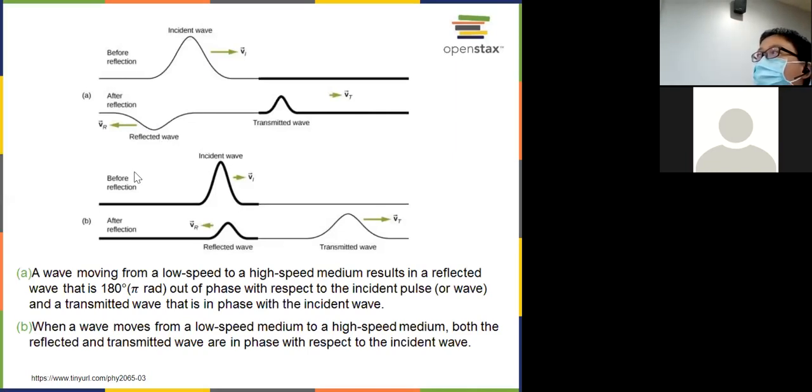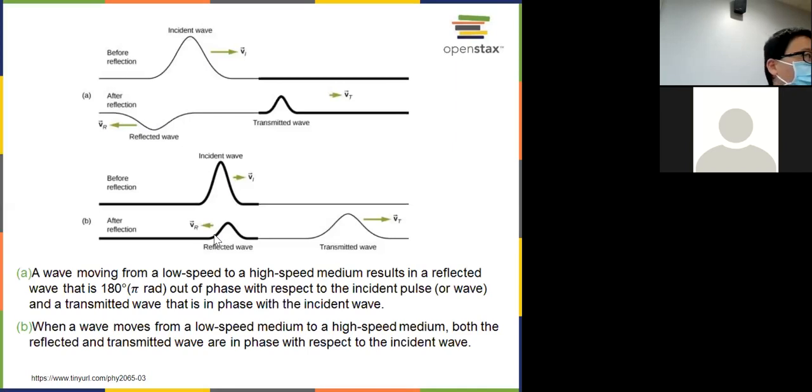If you send in the wave the other way around, so you send in the wave from the thicker part over here, again one part will be transmission, called the transmitted wave. The other part will be the reflected wave. The transmitted wave is again a peak if you send in a peak. For the reflected wave, if it's a peak in, it's reflected back as a peak.